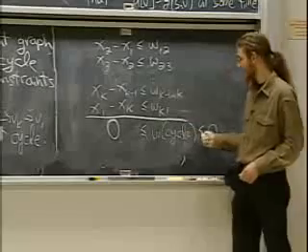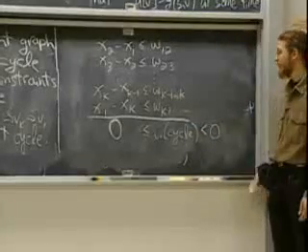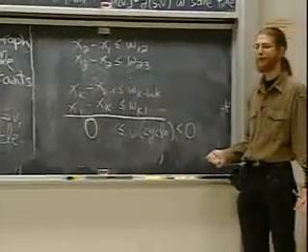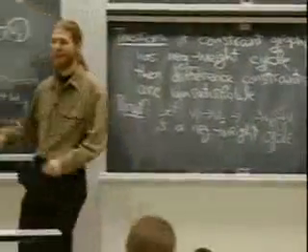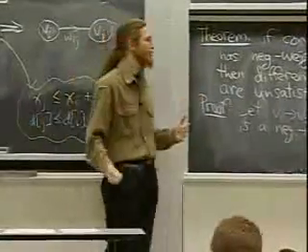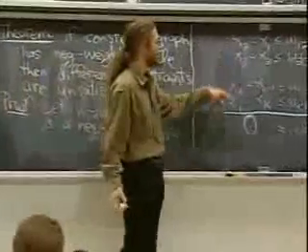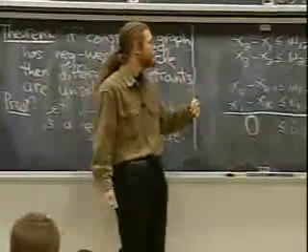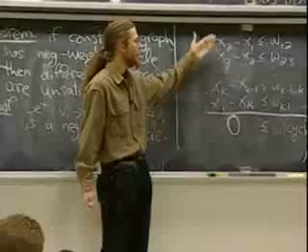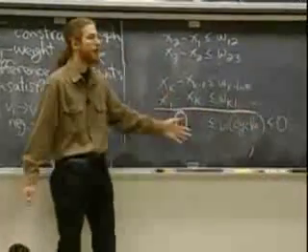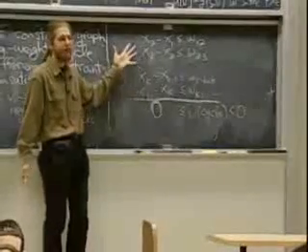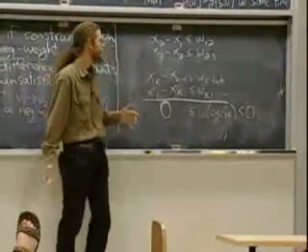So 0 is strictly less than 0, contradiction. Wait a minute. We didn't assume anything that was false, so it's not really a contradiction in the mathematical sense. We didn't contradict the world. We just said that these constraints are contradictory. In other words, if you picked any values of the xi's, there's no way that these could all be true, because then you would get a contradiction. So it's impossible for these things to be satisfied by some real xi's.